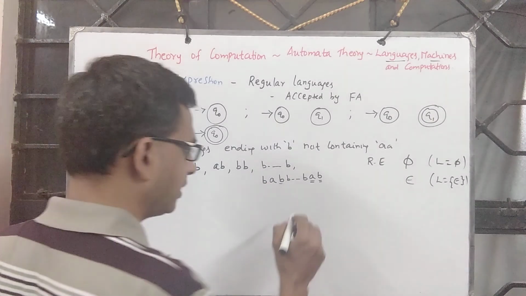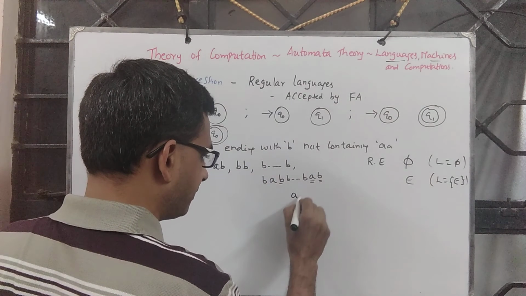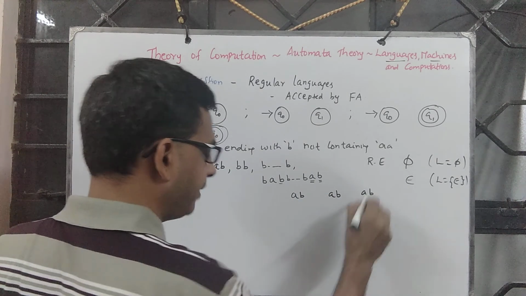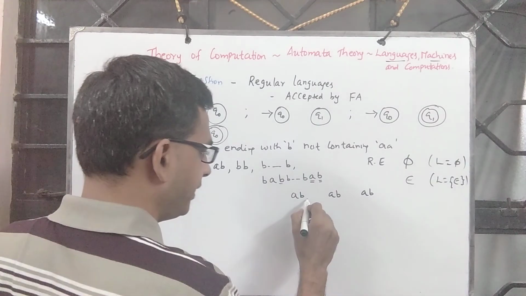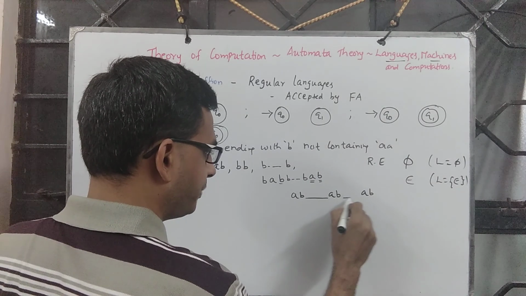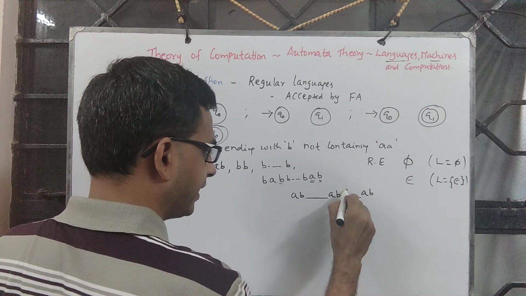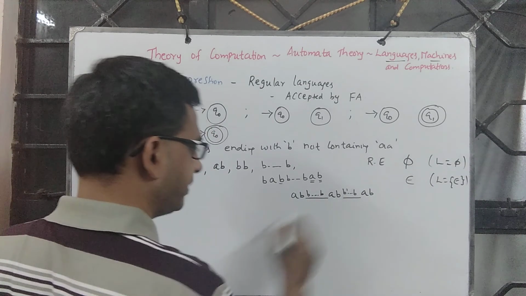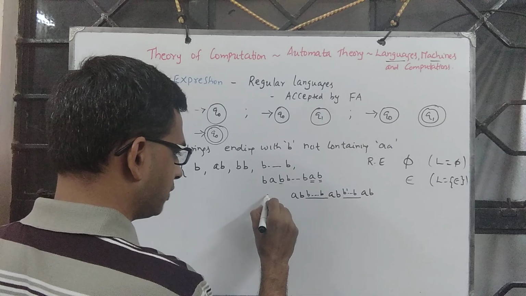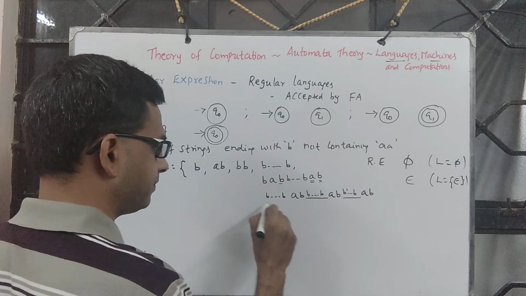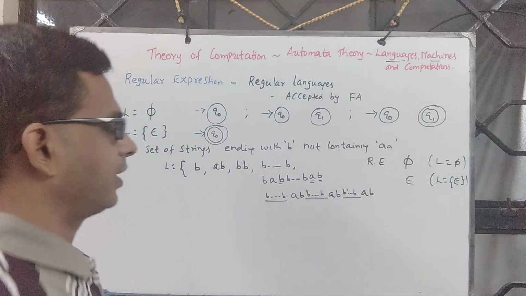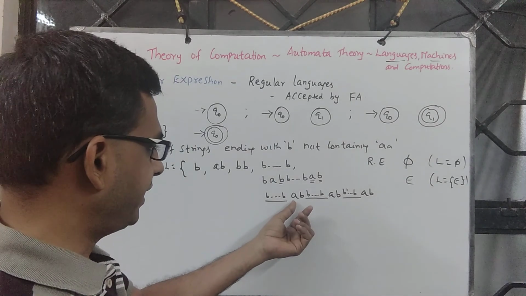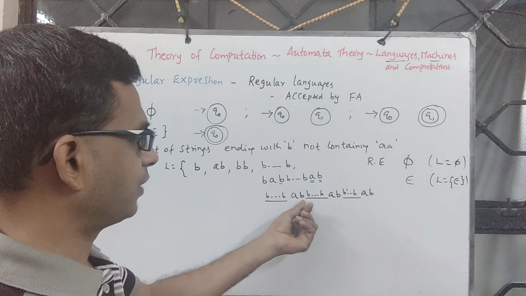Which means you will have something like AB, AB, AB. In between, you may have so many B's, and before that also you can have so many B's. Correct? So whenever you read A, B must follow.